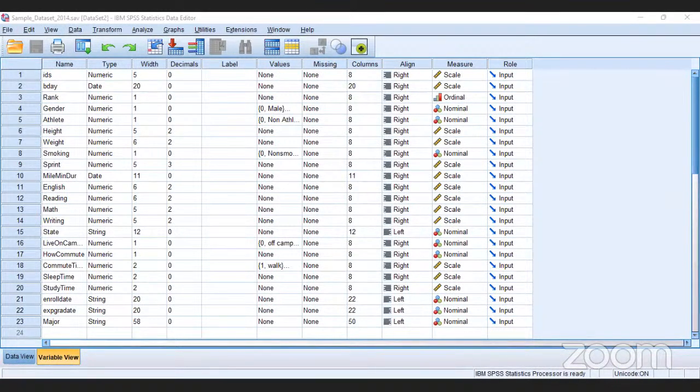Hello, sir. My screen is not shared. There's the data, you have the data, so even if they don't share. Yes, we're asking you, what do you think will be the nature of the relationship between weight and height?